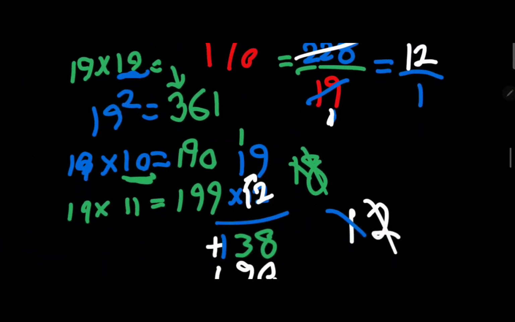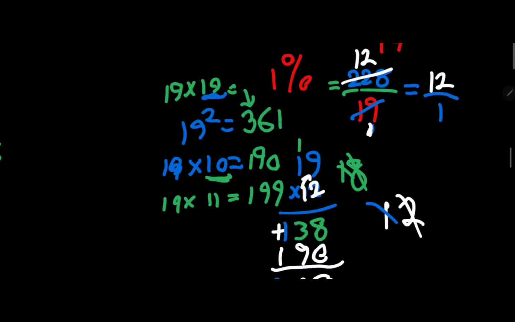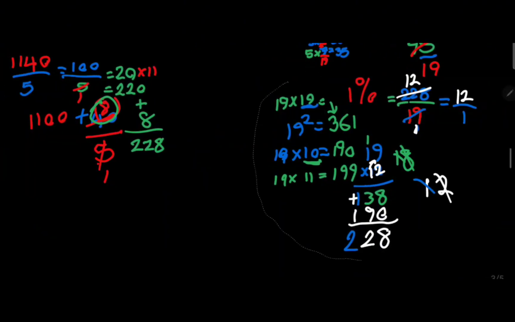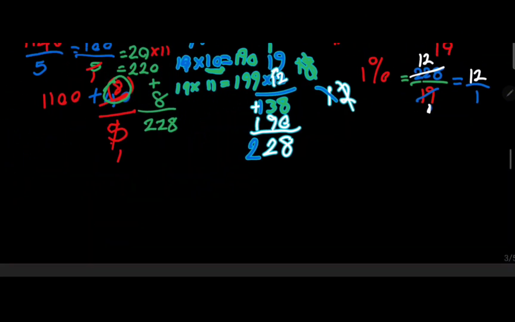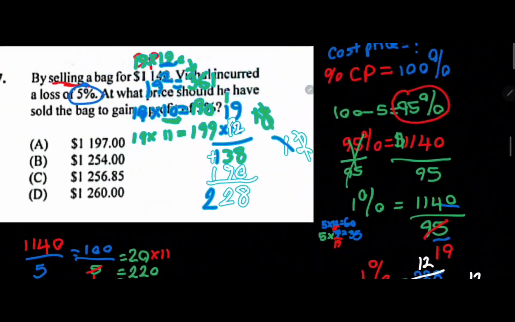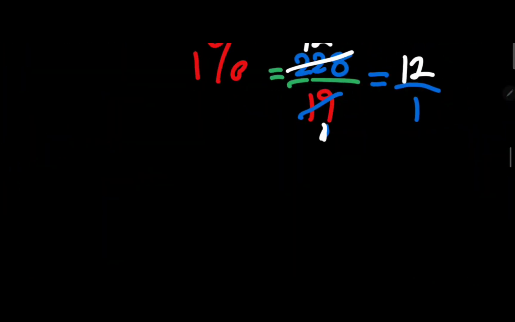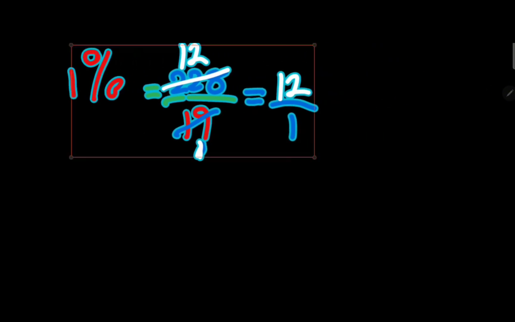Right, so this would be our 1%, or 1% would be 12. Now that we find for 1%, we need to find for 100% to get back to the original cost price. I'm out of space, I'm going to put it here. So we multiply by 1, now we need to multiply by 100.